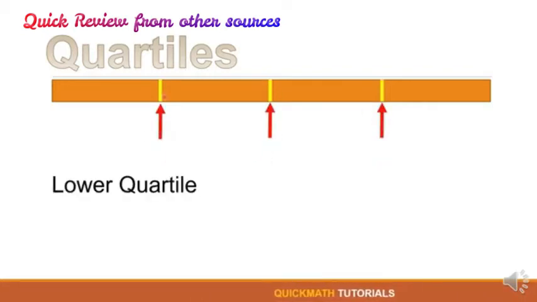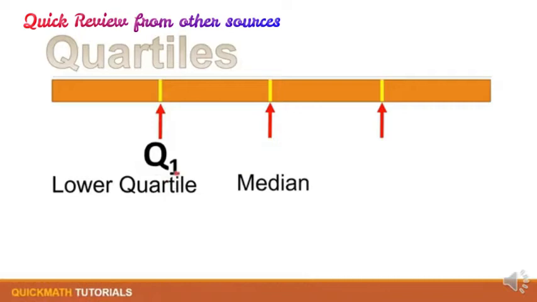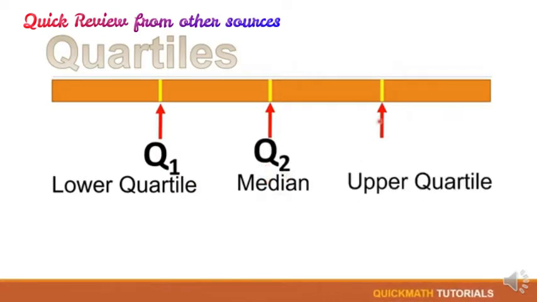This one is what we call the lower quartile, or in symbol, Q sub 1. And this is what we call the median or the middle, or in symbol, Q sub 2. And lastly, we have the upper quartile, or in symbol, Q sub 3.